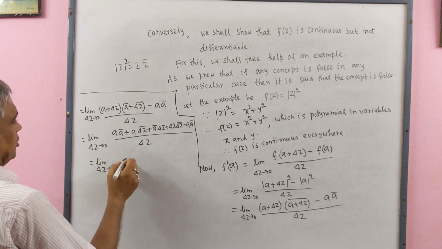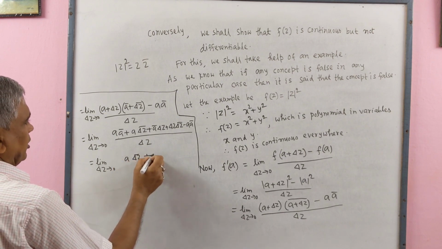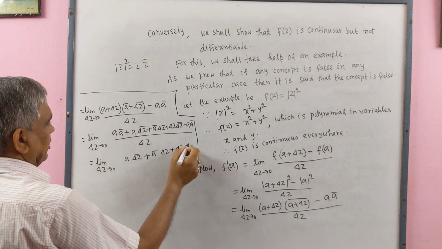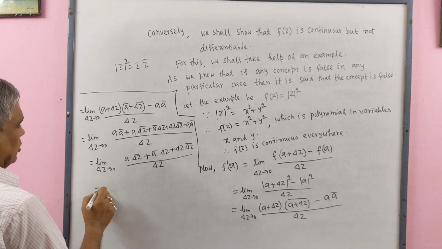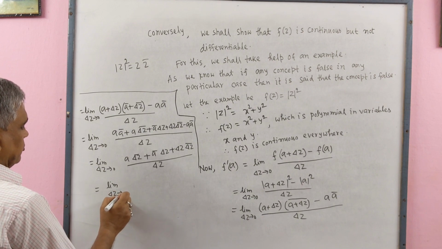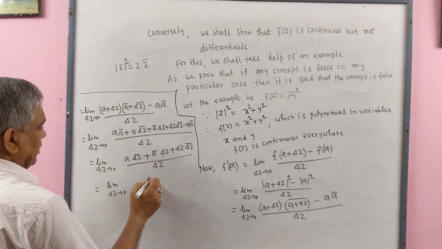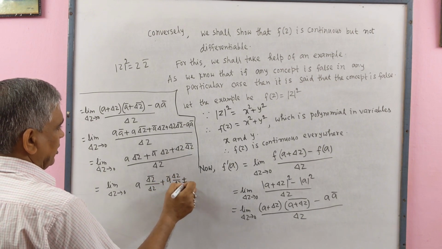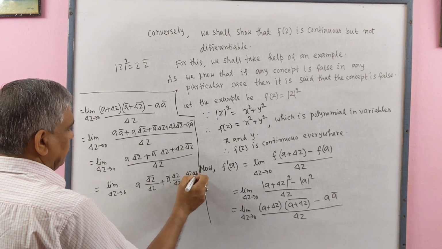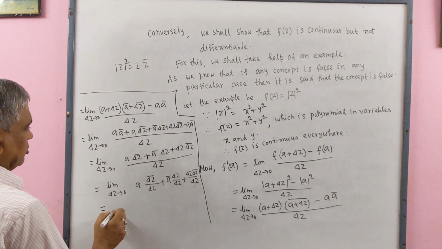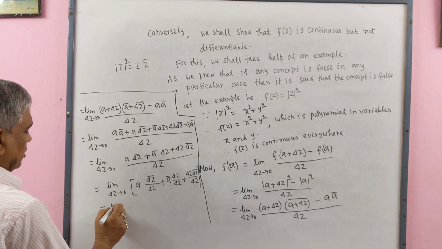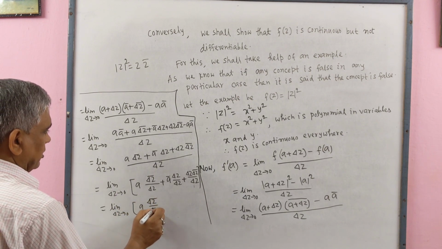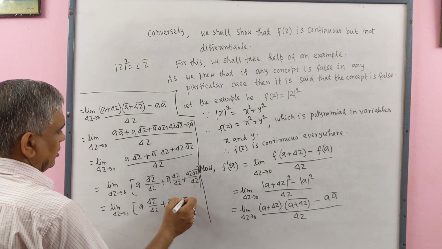Limit delta Z tends to 0 of a delta Z bar plus a bar delta Z plus delta Z delta Z bar by delta Z equal to limit delta Z tends to 0 of a delta Z bar by delta Z plus a bar delta Z by delta Z plus delta Z delta Z bar by delta Z equal to limit delta Z tends to 0 of a delta Z bar by delta Z plus a bar plus delta Z bar.